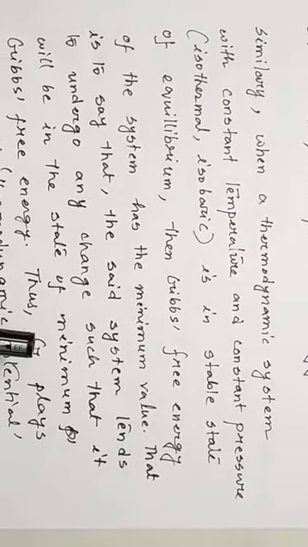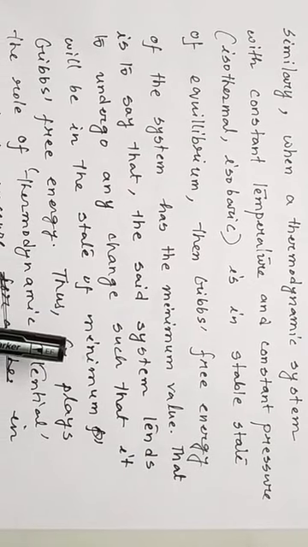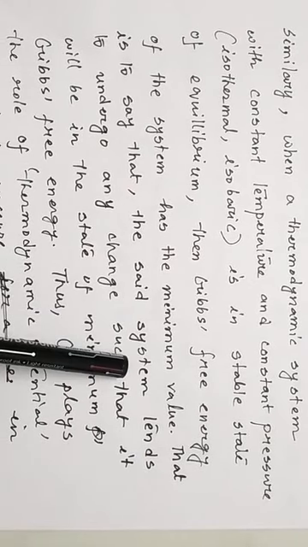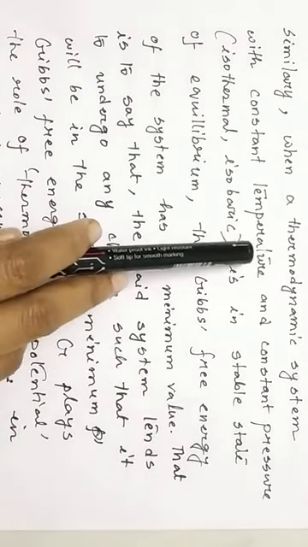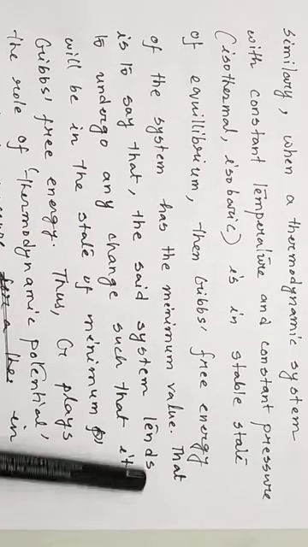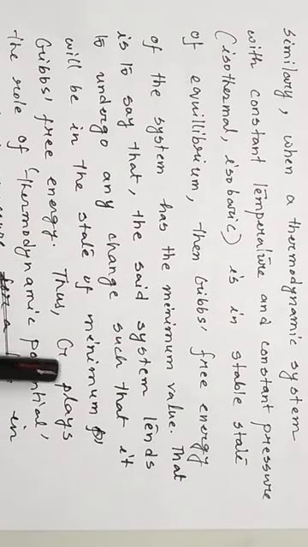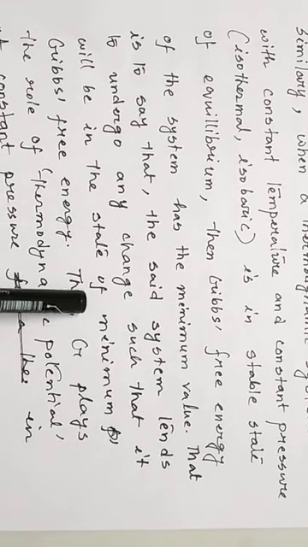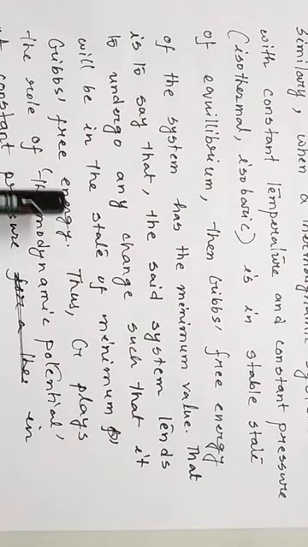So we can say that any thermodynamic system at constant temperature and constant pressure tends to undergo any change such that it will be in the state of minimum Gibbs free energy.